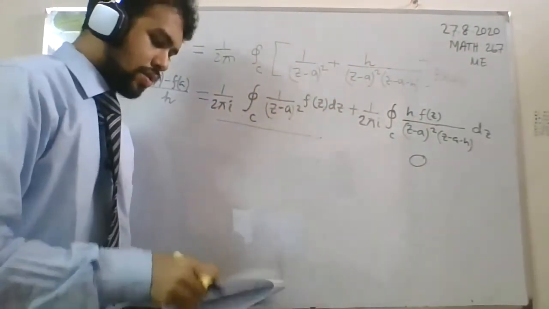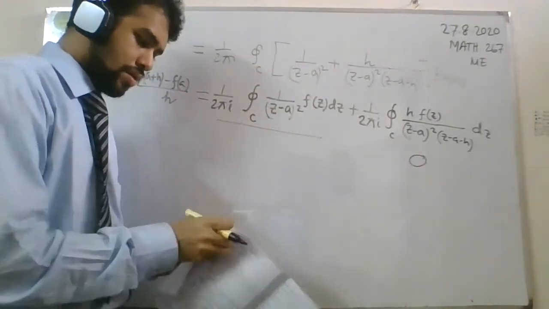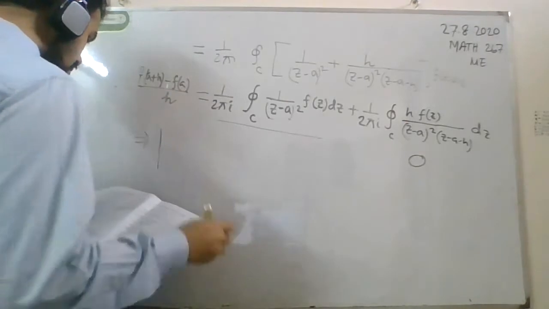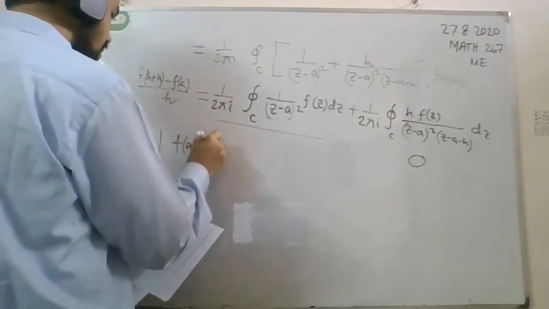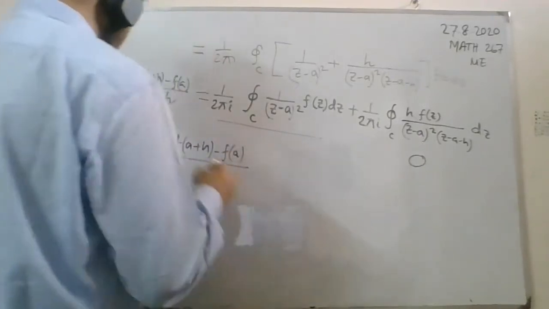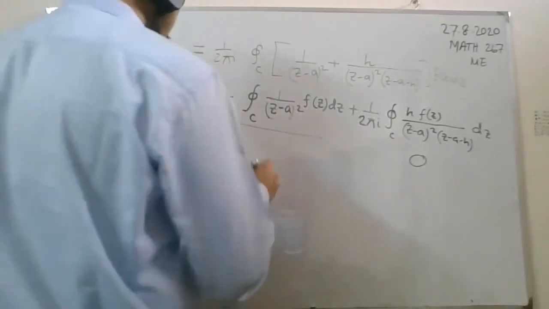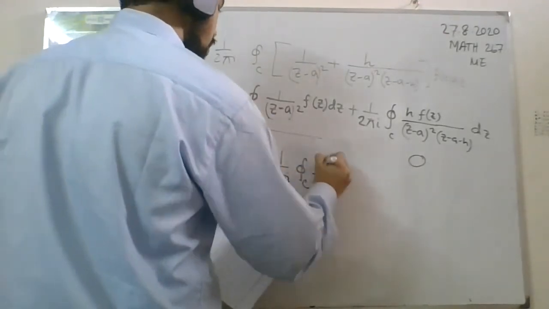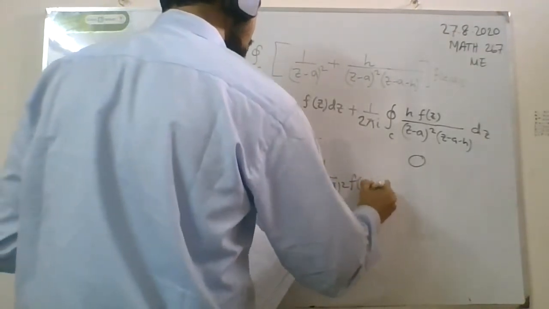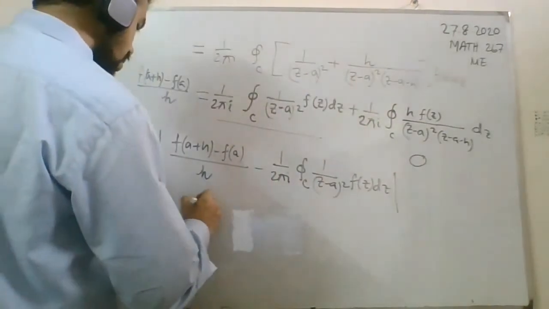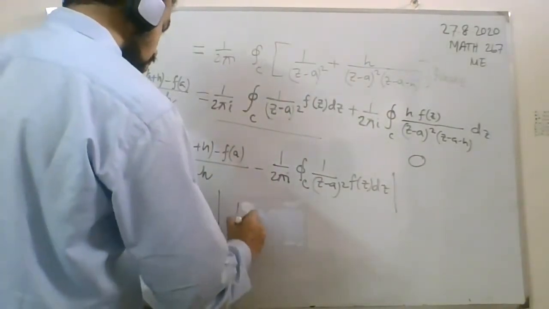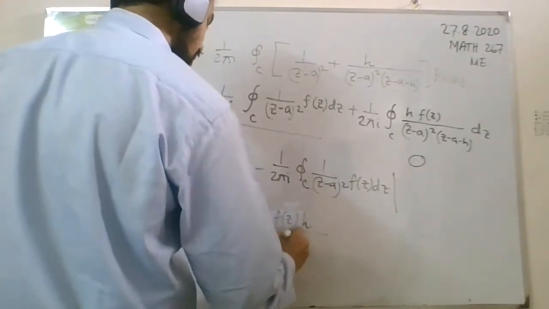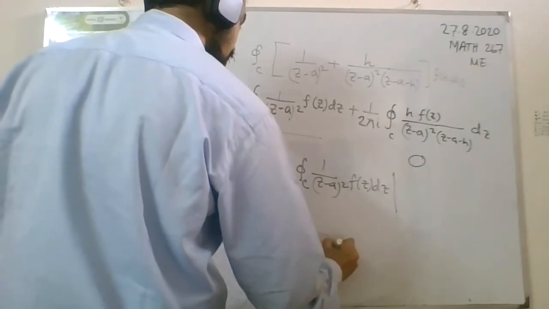At first I also tell you, in the beginning, if I take the absolute value of f(a plus h) divided by h minus, just take this thing here, 1 by 2 pi i integral of f(z) divided by (z minus a) square dz, equals 1 by 2 pi i integral over C of f(z) into h divided by (z minus a) square into (z minus a minus h).